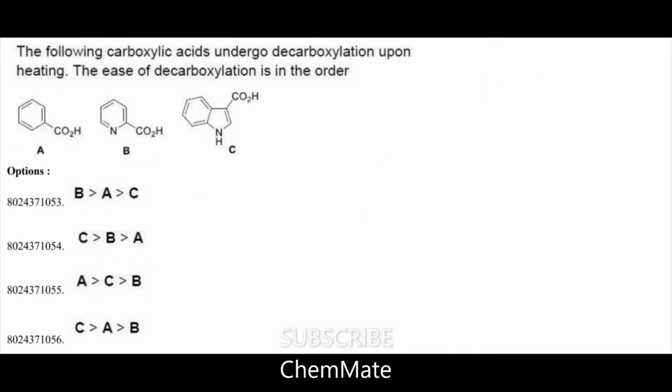Next question: the following carboxylic acids undergo decarboxylation upon heating. The rate of decarboxylation is in the order. So the rate of decarboxylation will depend on the carbanion generated by the removal of CO2. So from A, the carbanion that will generate will be this.